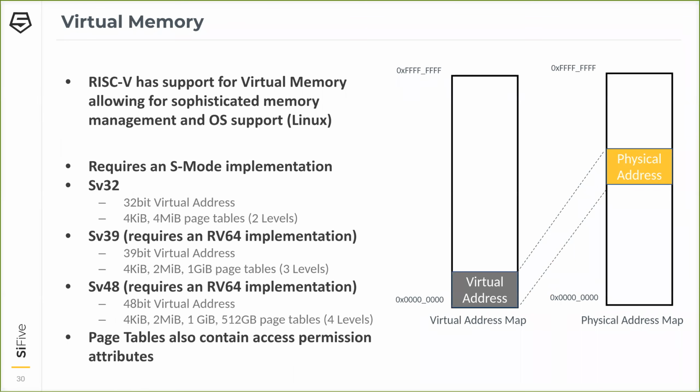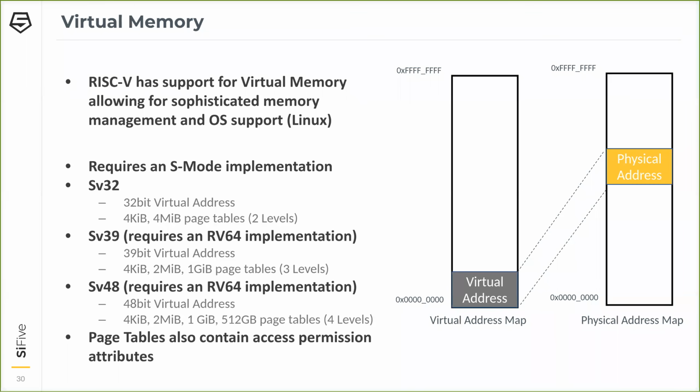And so virtual memory provides a mapping from the physical address space to some virtual address space. And this is typically used to ease the burden of software development to provide a consistent hardware environment. And you'll typically see virtual memory supported in operating systems like Linux.